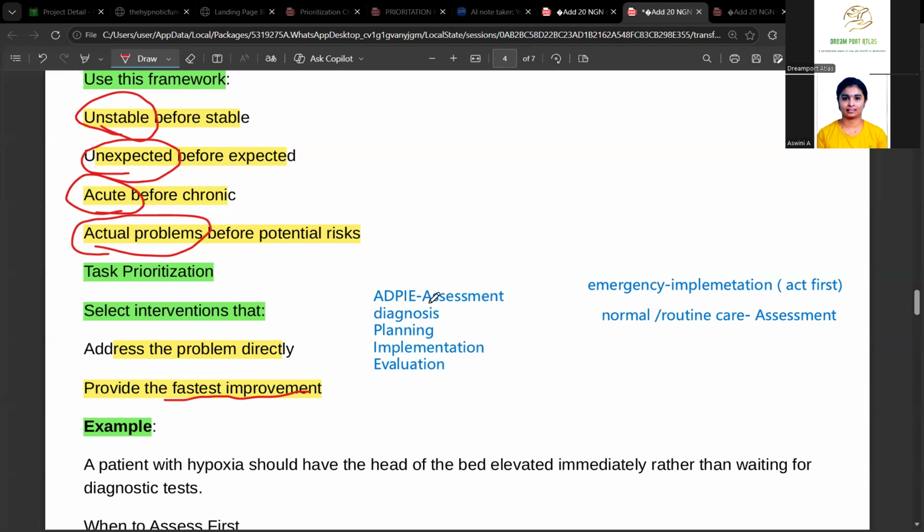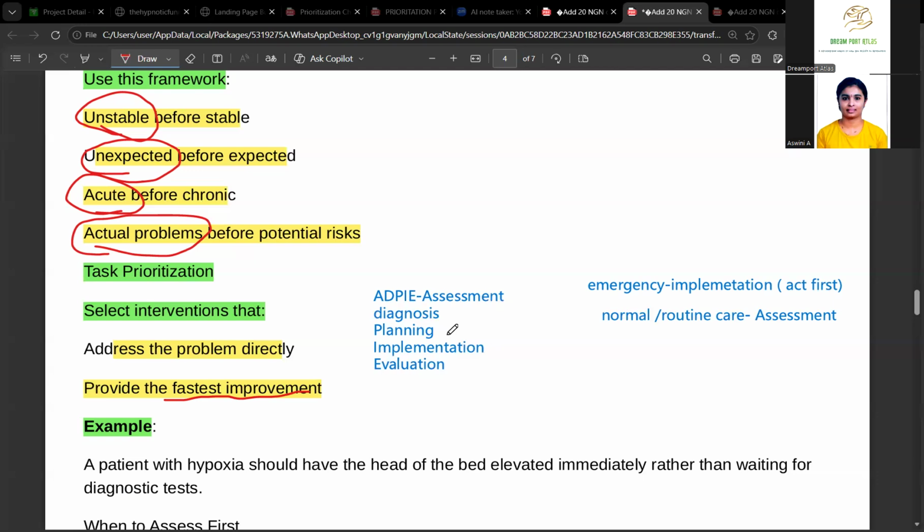In planning we need prioritization, on the basis of the priority of the symptoms, and after that we implement the care accordingly.